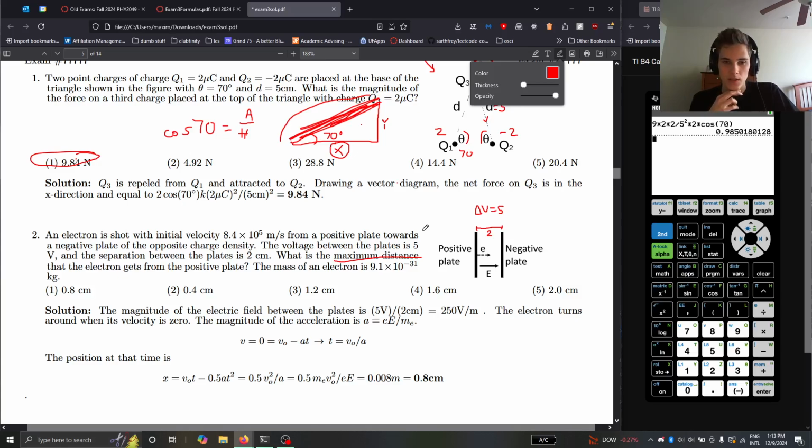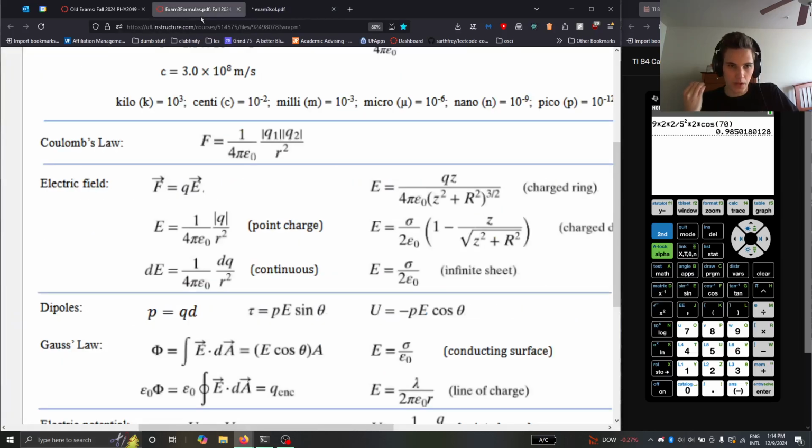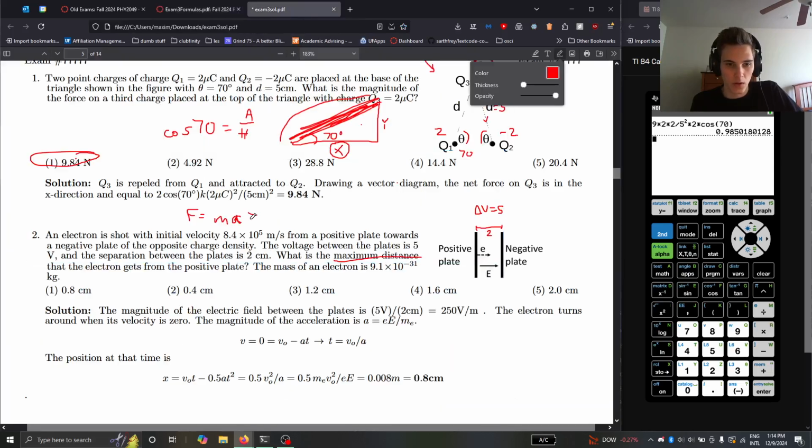But the issue is, to work on kinematics, we need an acceleration, right? And I mean, if we had a force, that's where the mass comes into play. So if we had a force, we could say that's equal to mass times acceleration. But where can we get this force? Well, we know that force is also equal to charge times electric field.